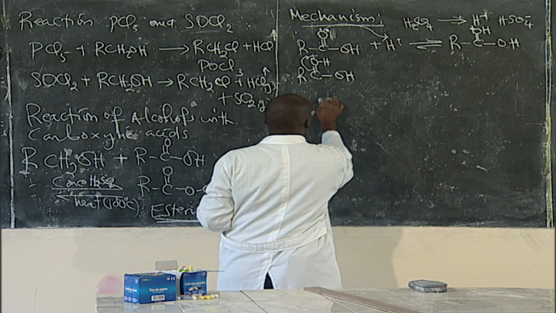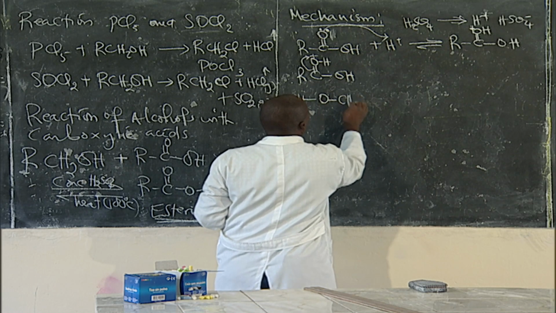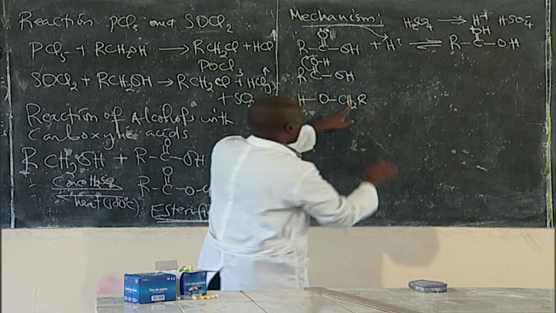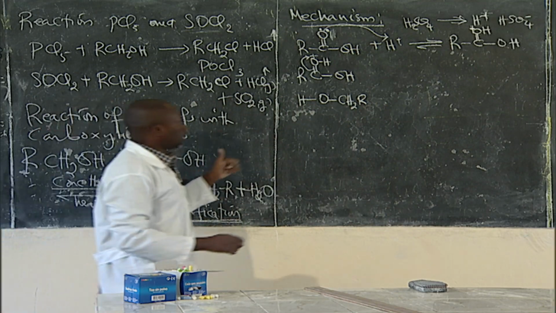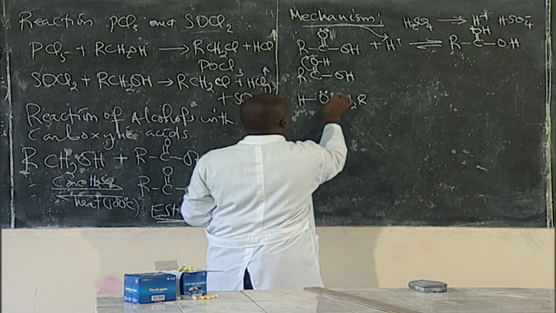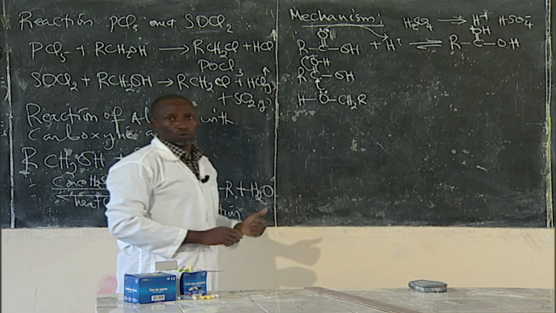So you'll have an alcohol, which is CH2R. This is the alcohol. We have the same alcohol here, with its lone pairs attacking this carbon that contains the positive charge.